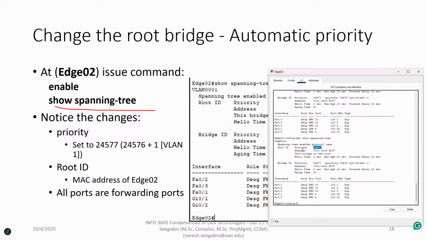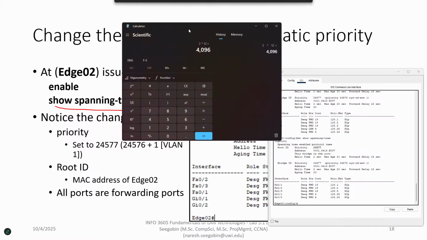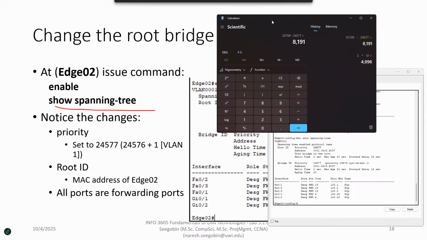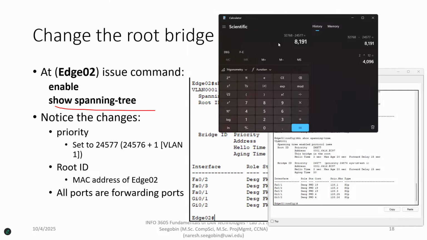You basically take 32,768 minus 24,577, which is 8191, close to 8192. So the value went down by about two blocks, as if it was 4096 times 2. So that's what it did.